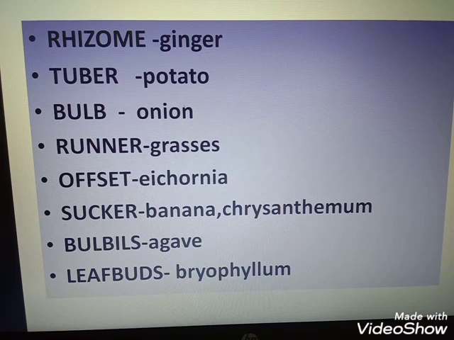Next group is offset. Water living plants, that means Eichhornia and Pistia, have this type of vegetative propagation, offset propagation. Another name of Eichhornia is water hyacinth. Eichhornia or Pistia is an example for this offset group.